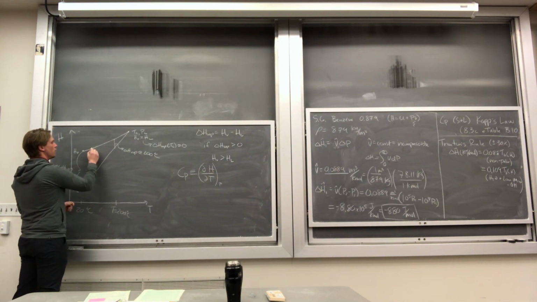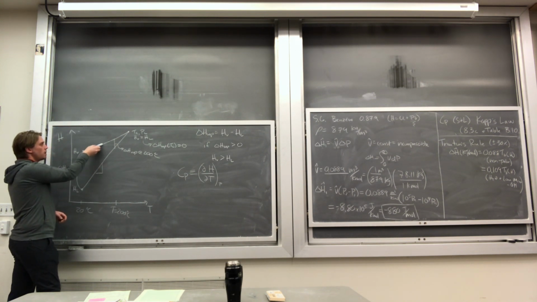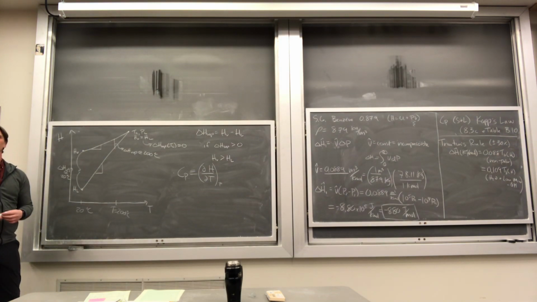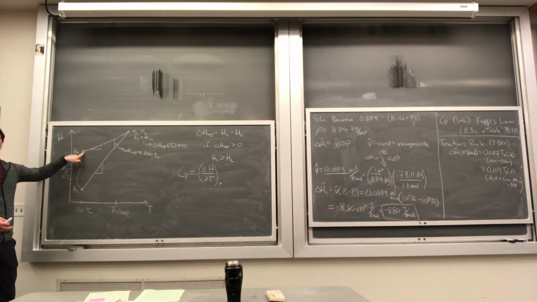So we have the rise over the run. The liquid has a higher slope, so that means the heat capacity of the liquid is going to be higher than the heat capacity of the vapor. And this makes sense, right? Because think of liquid and vapor as running a race, and vapor is starting off way further down the road.